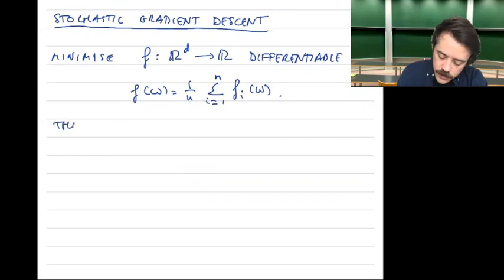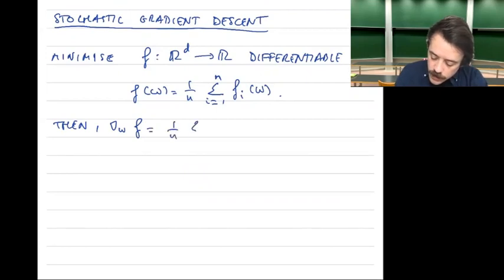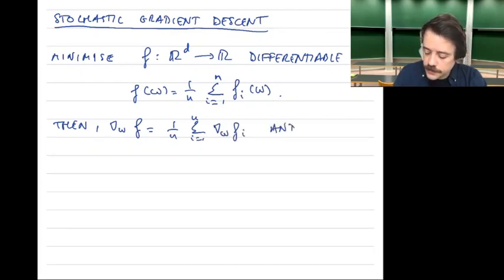Of course, what we have is that if we take the gradient with respect to this W, this is going to be the average of gradients, and the gradient of f is approximately the gradient of each of these.